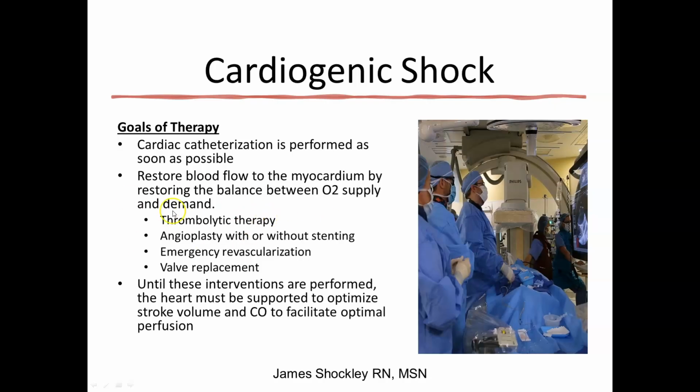There are a myriad of ways we can do that: thrombolytics, angioplasties, stenting or not stenting, emergency revascularizations. We're talking about a CABG there, coronary artery bypass graft. If it's because of an aortic stenosis or some sort of regurgitation, we could consider a valve replacement. Again, we just want to make sure that this client is able to maintain their cardiac output.